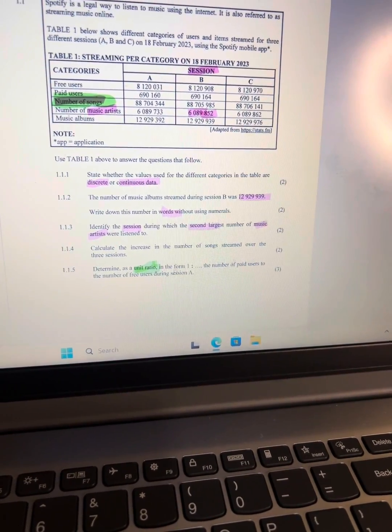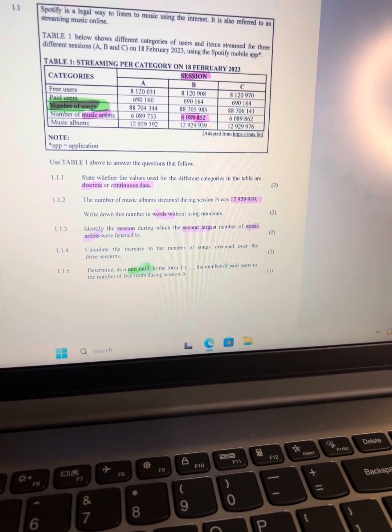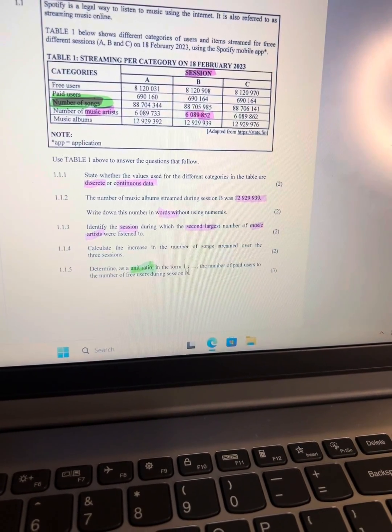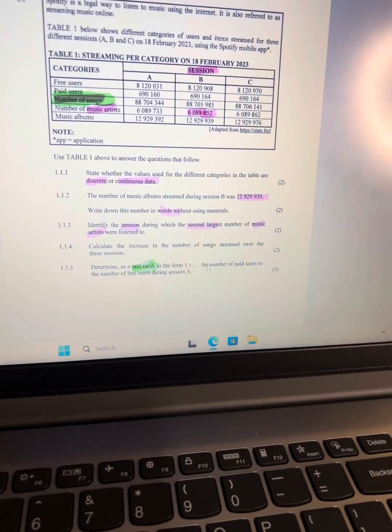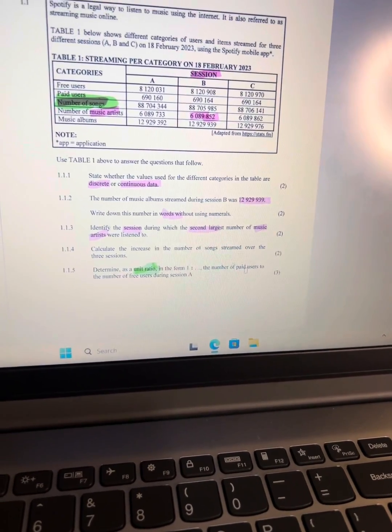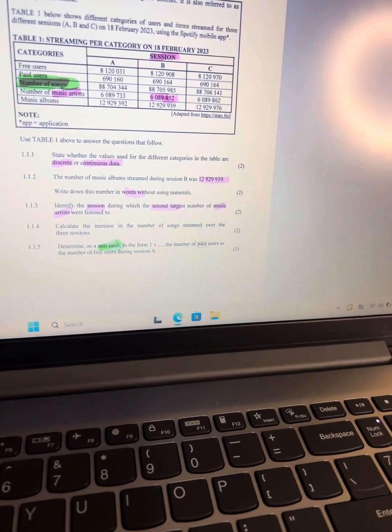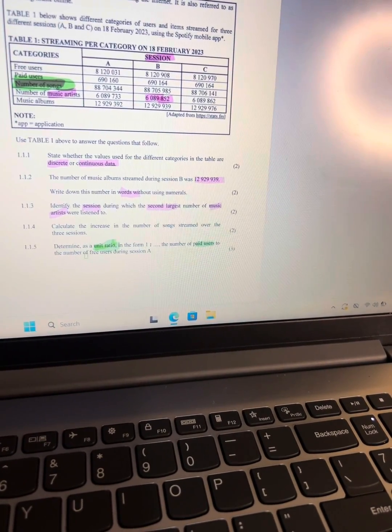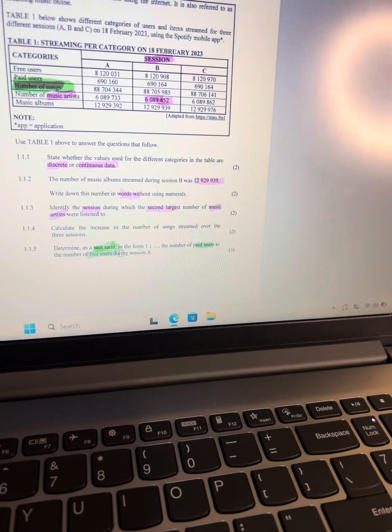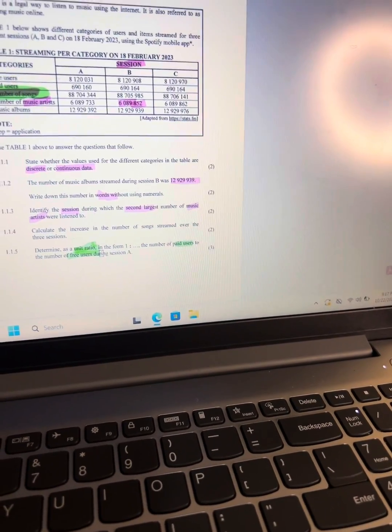They said we must write it in the form of 1:2, meaning that we have to write our answer in a scale form. Then they said the number of the paid users to the free users during session.